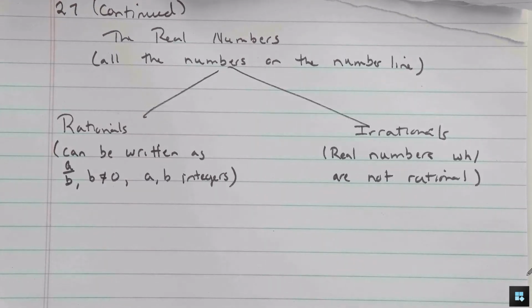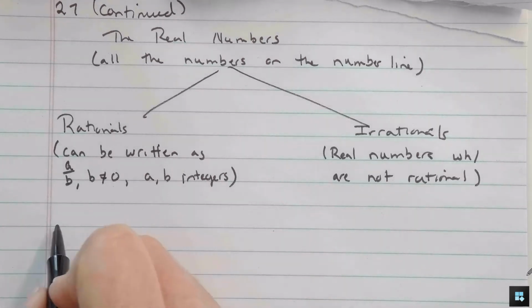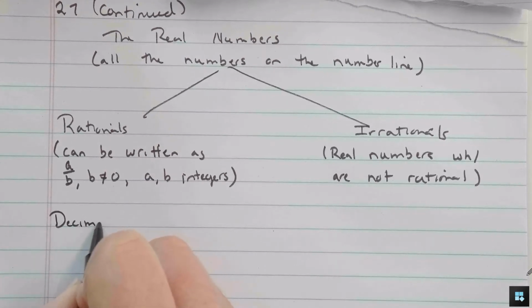Well, all of the real numbers can be placed on the number line, and it's easier to do that if they're written as decimals. For example, if I tell you 392 divided by 5, it's probably going to be something that you write out as a decimal so you know where to put that on the number line. So we're going to look at decimal expansions here.